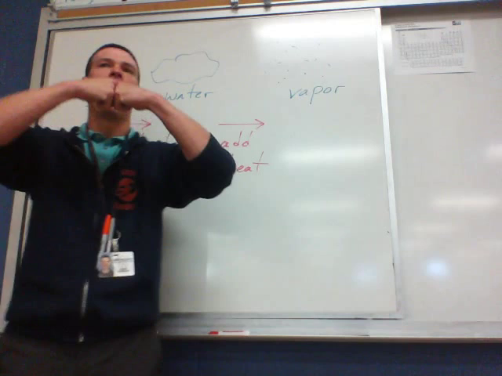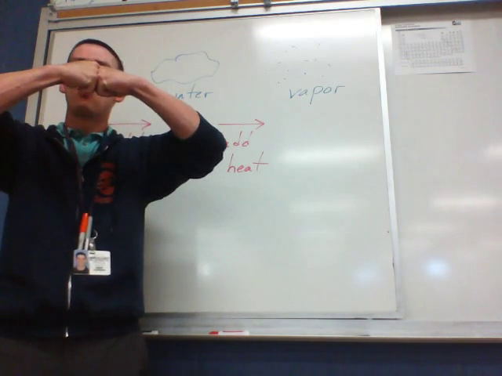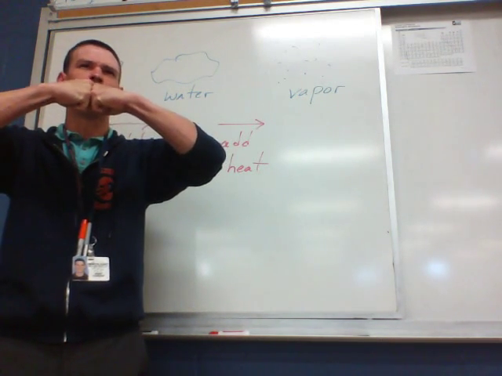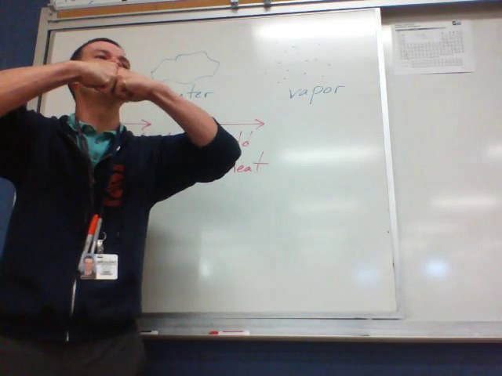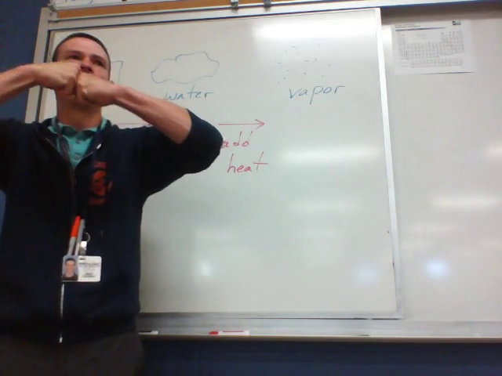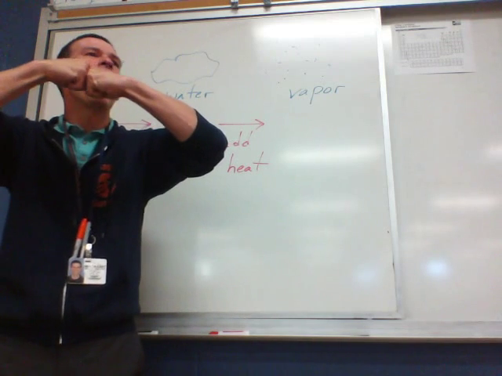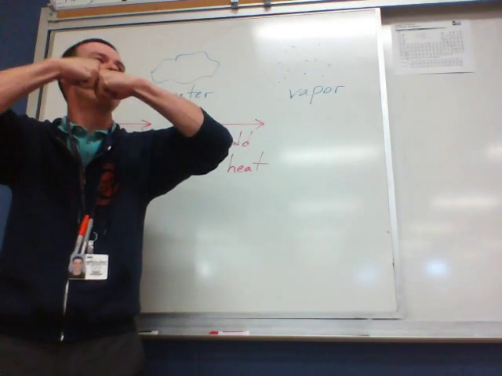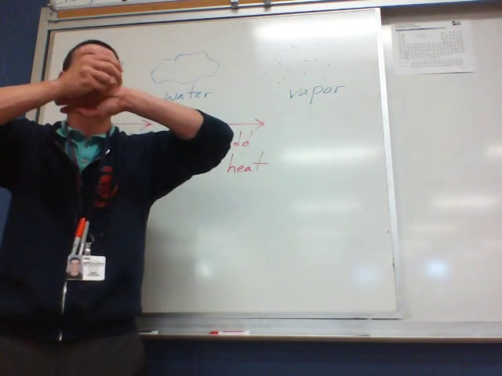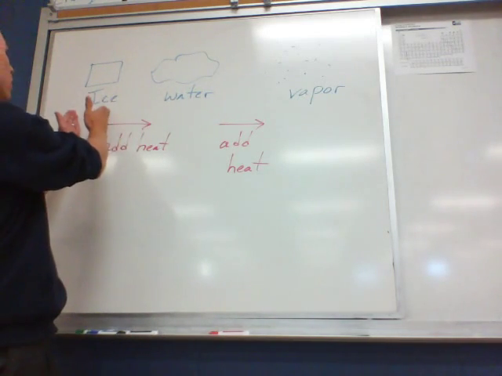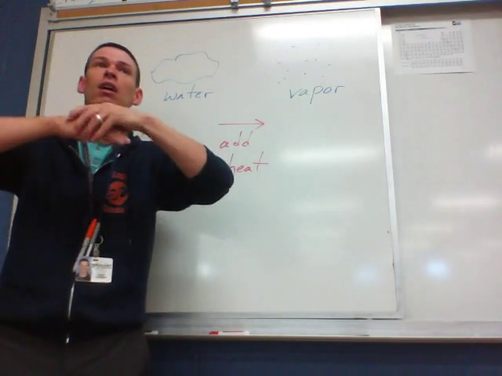If I go back to my solid example where they're really, really close together and vibrating, when you add heat, they start to vibrate faster and faster and faster. And as that ice cube is receiving more heat, eventually the molecules start vibrating and start rolling. And that's where we've entered the liquid state.